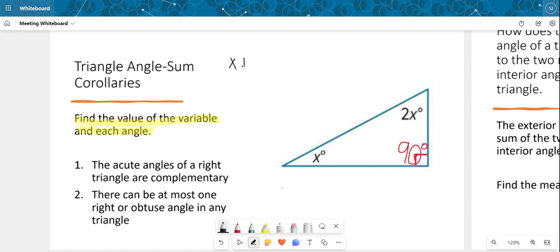We know x and 2x and 90 have to add to make 180 degrees. X plus 2x plus 90 equals 180 degrees because each of these three angles in a triangle, when added together, should make 180 degrees.